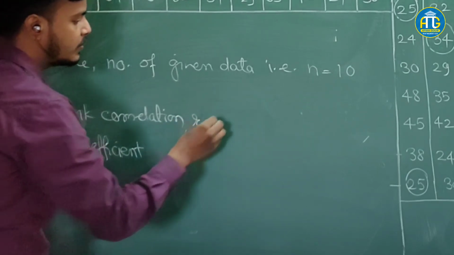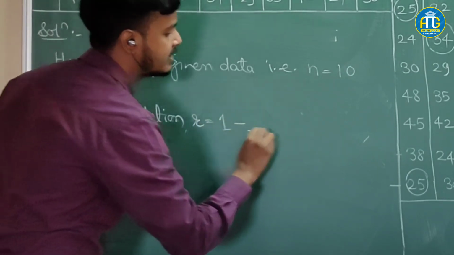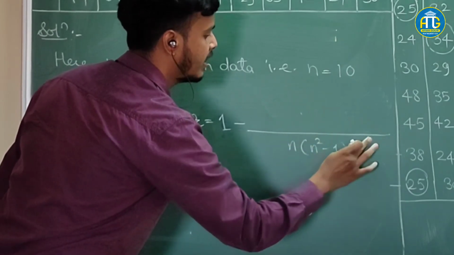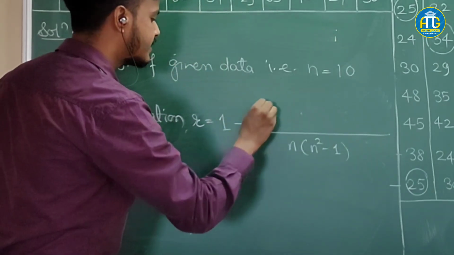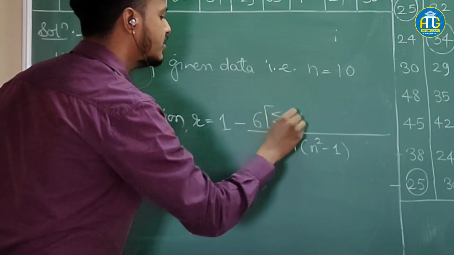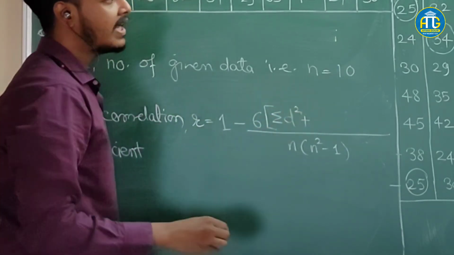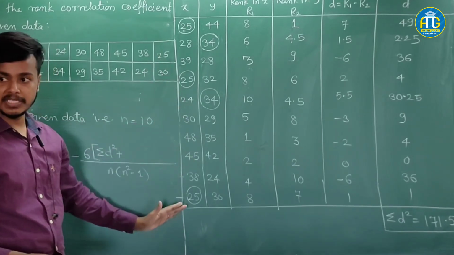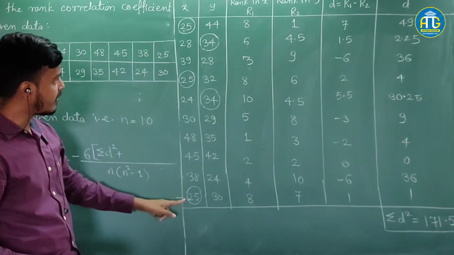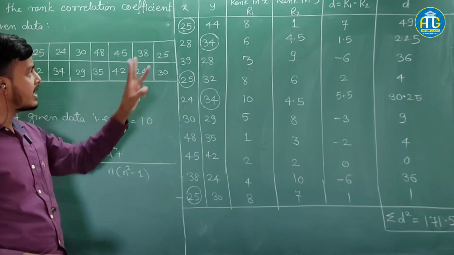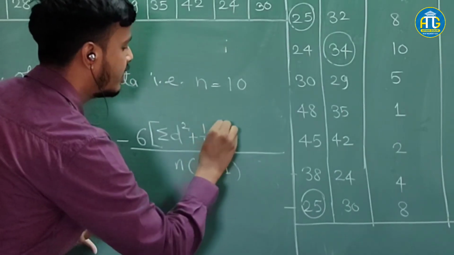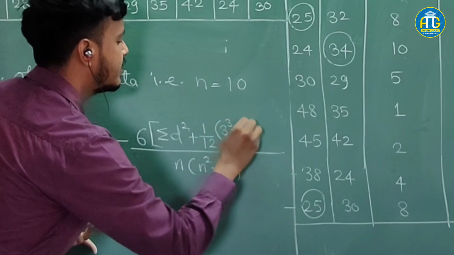The rank correlation coefficient R is equal to 1 minus 6 into summation d square plus, divided by n into n squared minus 1. Now as you can see here, some terms are repeated. In x, 25 is repeated 3 times, so I have to add a factor 1 by 12 into 3 cubed minus 3.